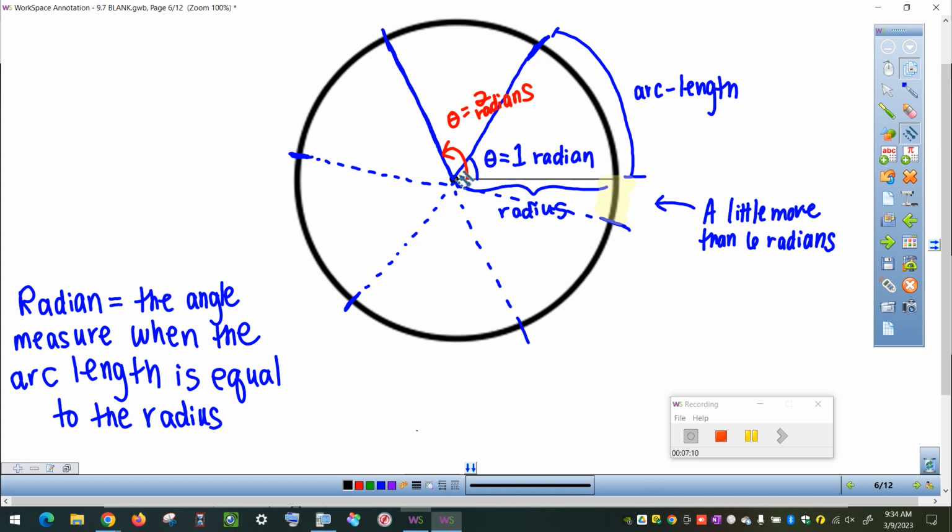From this horizontal radius line drawn in black that we had at the very start, if I were to extend that all the way to the other edge, kind of making it look like a diameter, I'm noticing that on the top half of the circle, it's not exactly 3 radians, which would make sense. I'm having that little gap again. It's not as big as the gap on the other side, but it's there. And so I just want to notice here that halfway, the top half of our circle, is a little more than 3 radians.